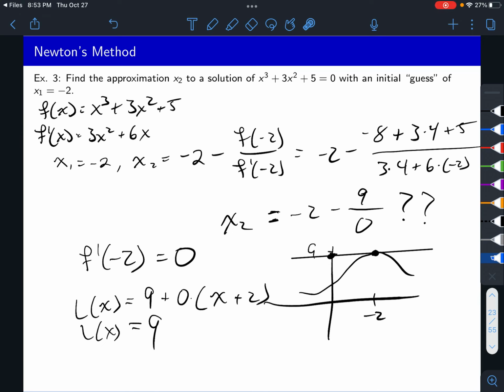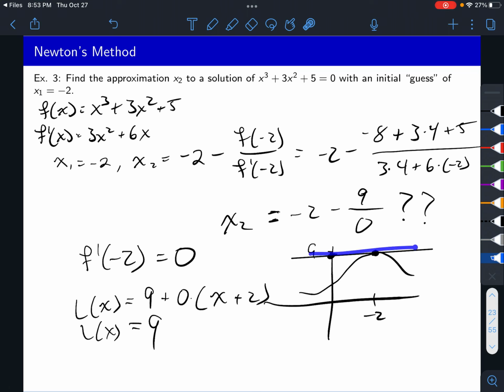So what is Newton's method really doing? It is basically saying you take the approximation of your curve, which is the tangent line, and then you figure out where the tangent line crosses the x-axis. And this is just a horizontal line, so because the slope is equal to 0, this tangent line is never going to cross the x-axis.